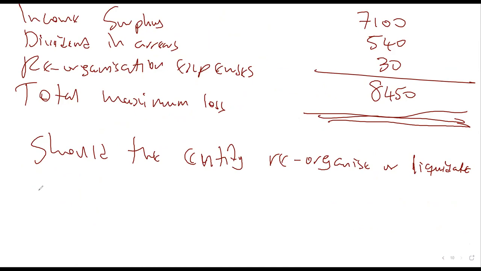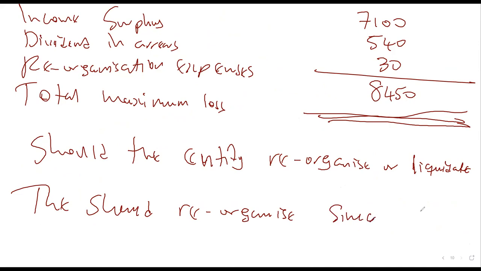So therefore, the entity should reorganize, since the loss is cheaper. Comparing 8,400 to 10,000, you save money.